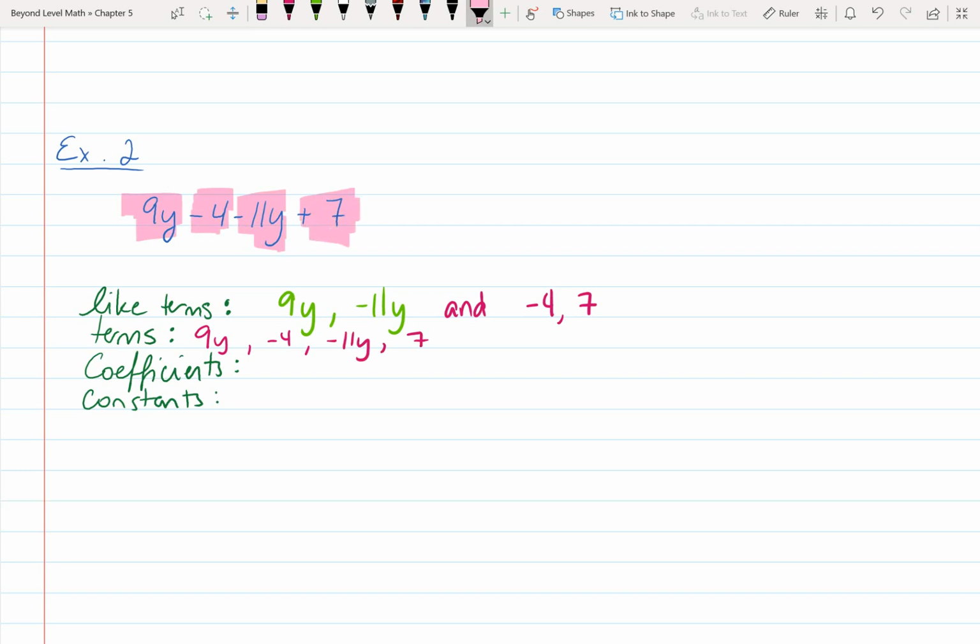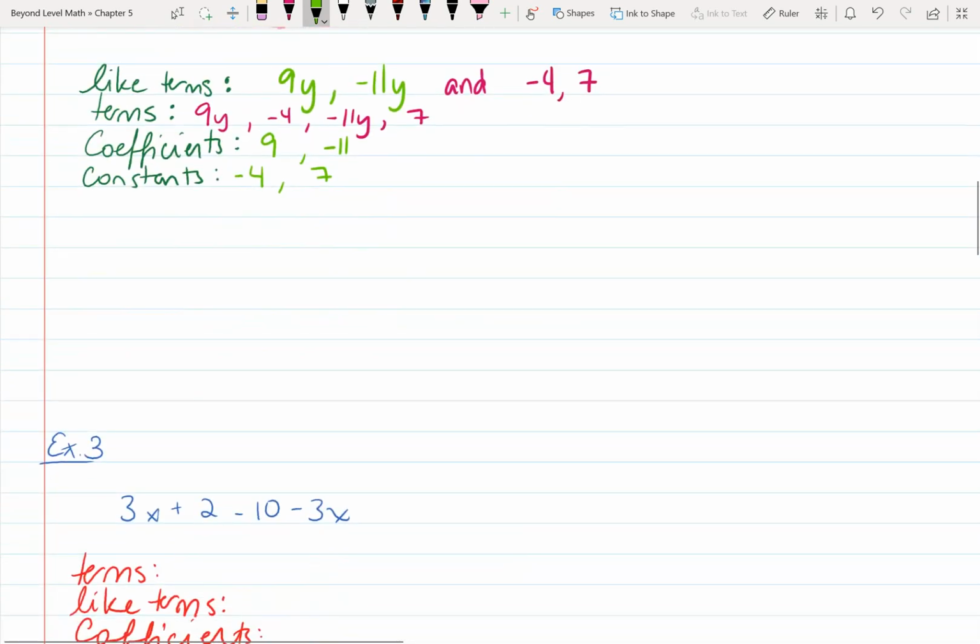These are our 4 terms. Our coefficient, the number that is attached to the variable. We've got 9, attached to the first y, and then we've got negative 11, attached to the second y. Our constants, the numbers that are not attached to the variables, we've got negative 4 and 7.